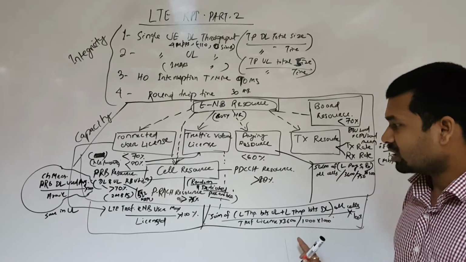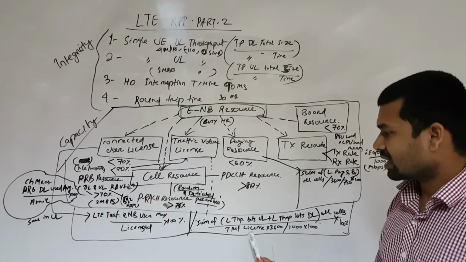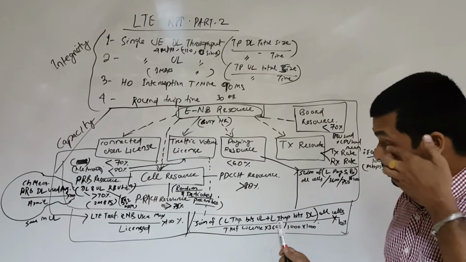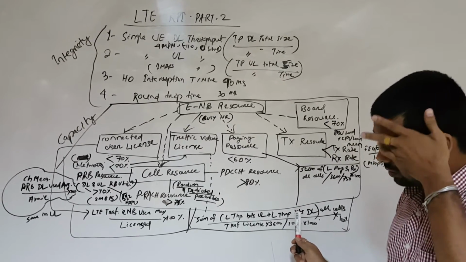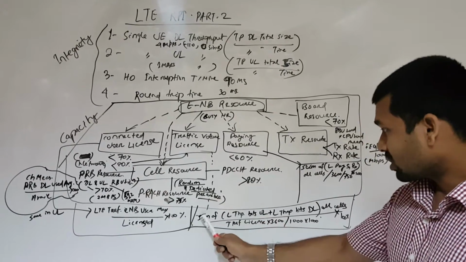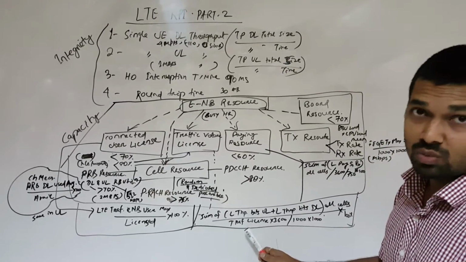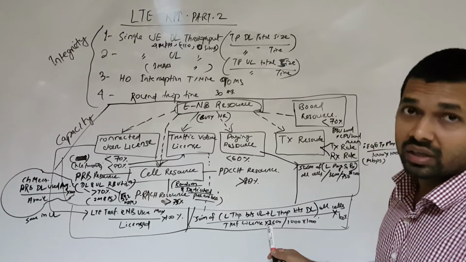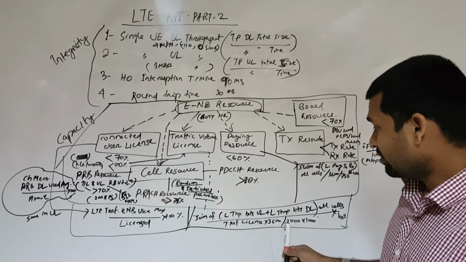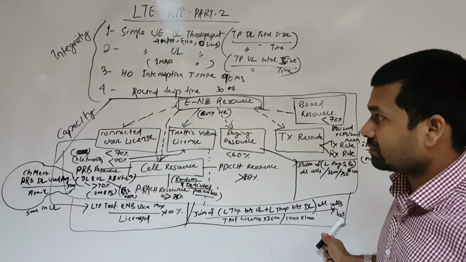So it would be the sum of all cells having throughput bits uplink and throughput bits downlink, divided by the traffic license we have, into 3600 divided by 1000 into 1000 into 100%.